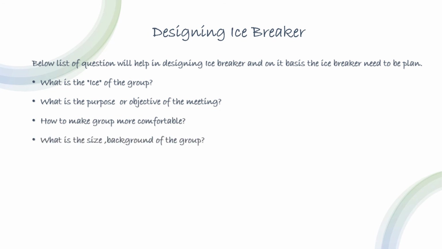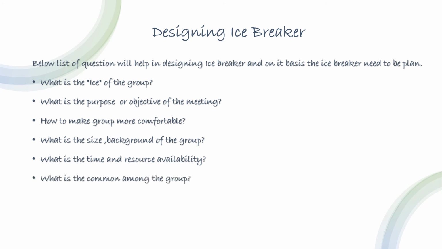What is the size of the group? How much time do we have, and what resources do we have? Because everything has to be done within the time limit, and we should design things where the fewest resources are needed. And most important, what is the common thing that would make all the participants relate to each other?